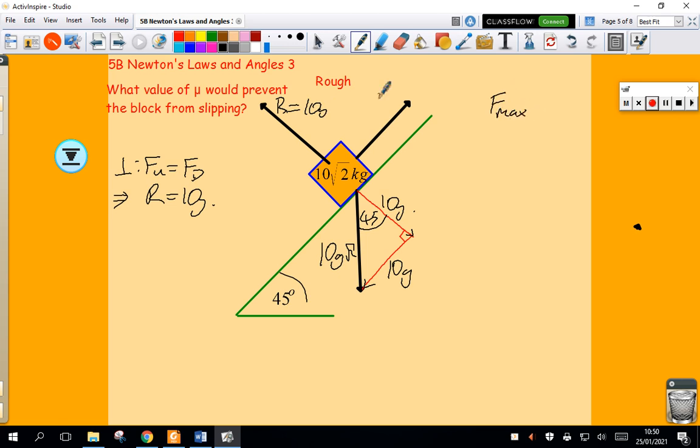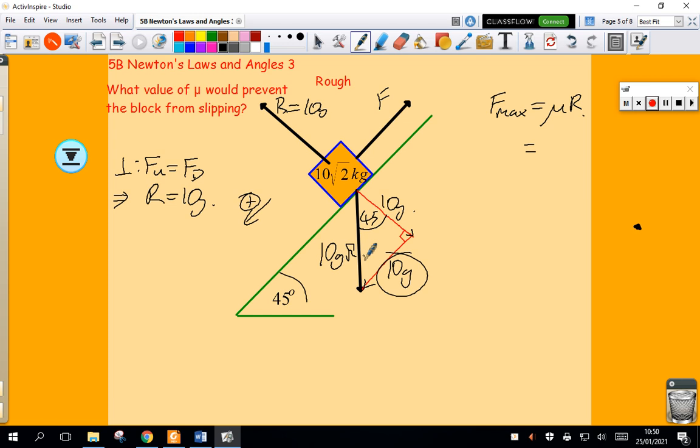My friction, well, before we think about friction, the maximum possible value for friction. So friction is this force here. The maximum will be mu times the normal reaction. Mu is the coefficient of friction. It depends, I suppose, really on what materials the block and the slope are made from. In order to prevent motion from happening, friction would have to be able to match the force that's acting in that direction, and the force on the block acting parallel to the plane is 10g.